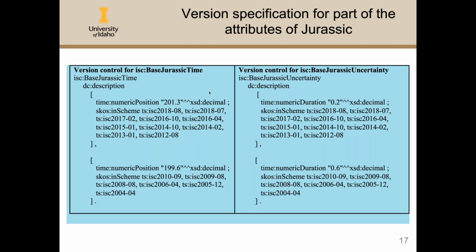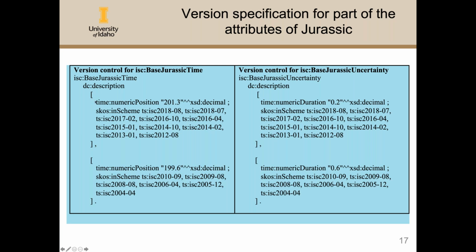So here you can see, when we put all those version changes from the 2004 version to the present, here's how we can represent the versions of those attributes in the Turtle code. I just used DC description and then used a blank node.